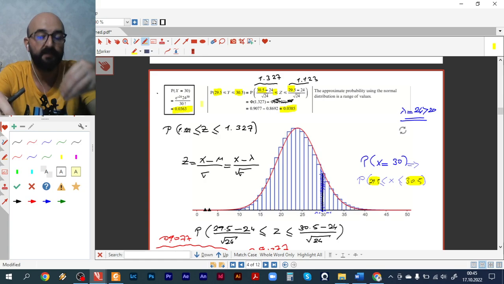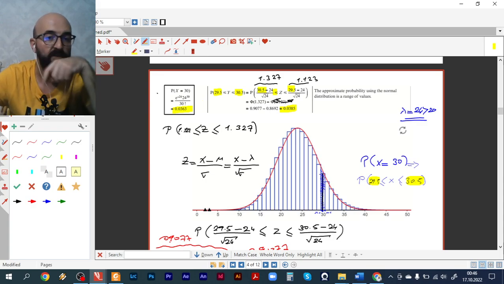Don't forget to also change the interval, and you can compute easily with the normal distribution instead of the Poisson distribution.